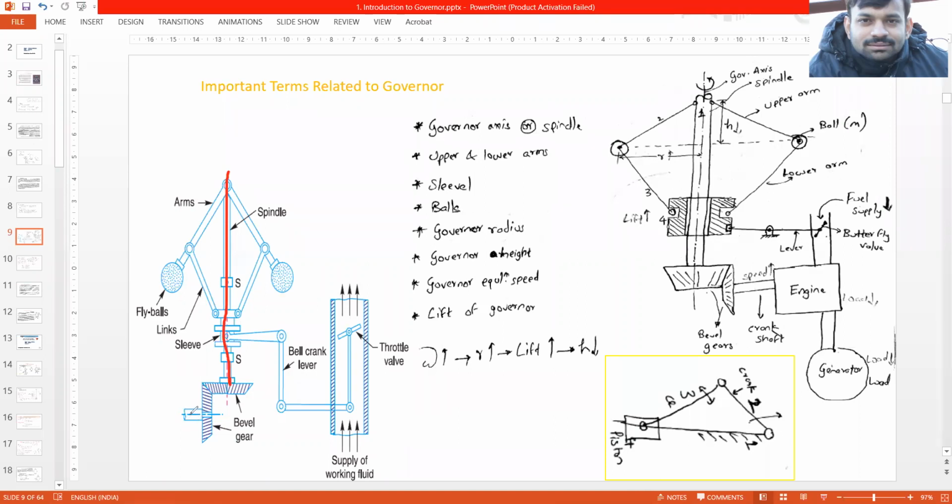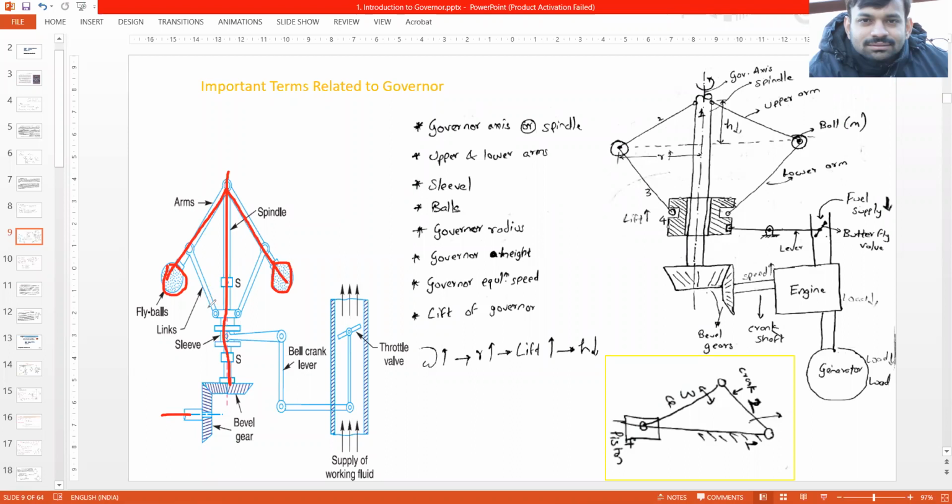So the engine shaft might be connected over here, all right, and this another shaft is the spindle on which these things are mounted. Now these are called the upper arms or the arms of the governor. Okay, in the arms, these fly balls are mounted, or we'll call them just balls. So these balls are attached to the upper arms of the governor.